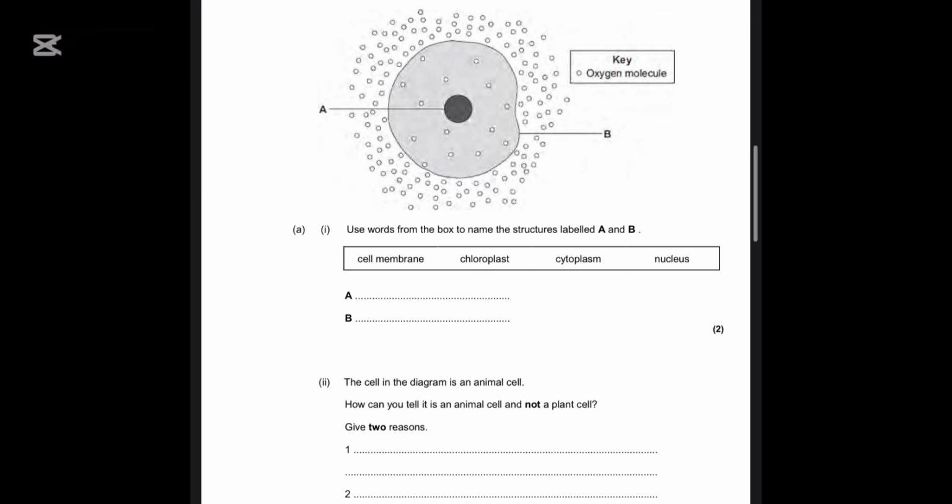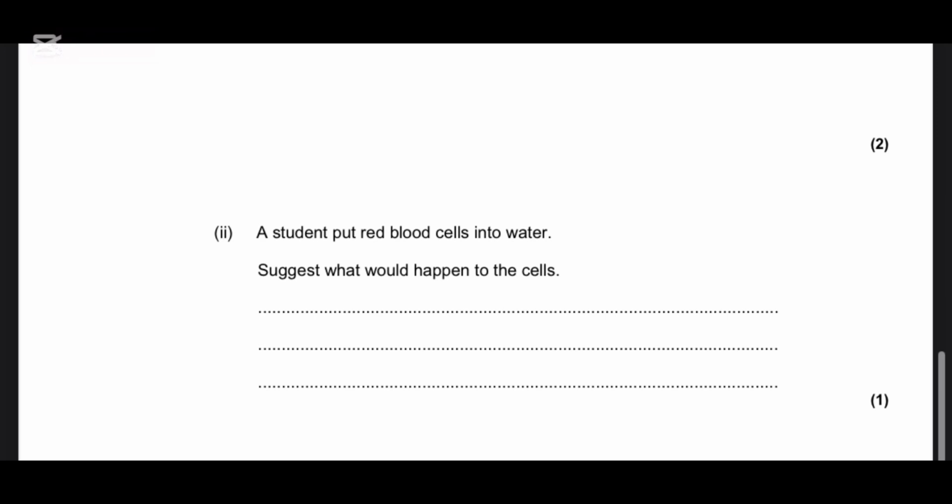How can you tell it is an animal cell and not a plant cell? Give 2 reasons. Reason 1 is that it does not have a cell wall. If you notice, you only have a cell membrane there. And 2, it does not have a large vacuole, which is present in a plant cell. So an animal cell doesn't have that.